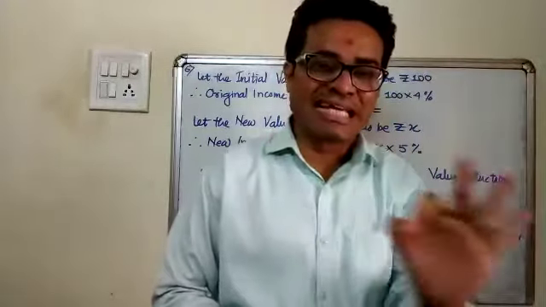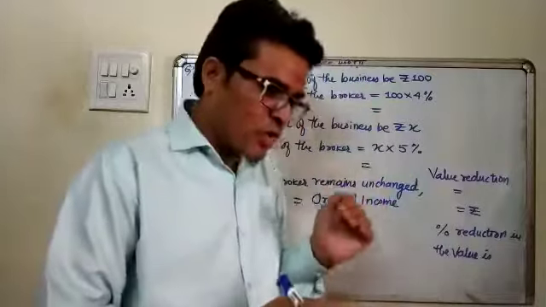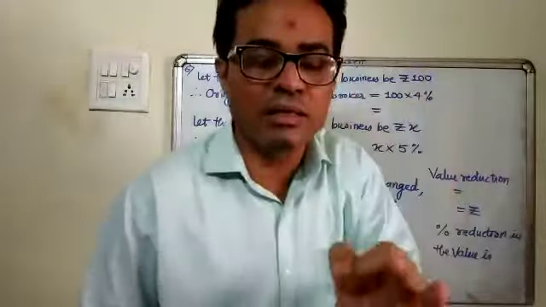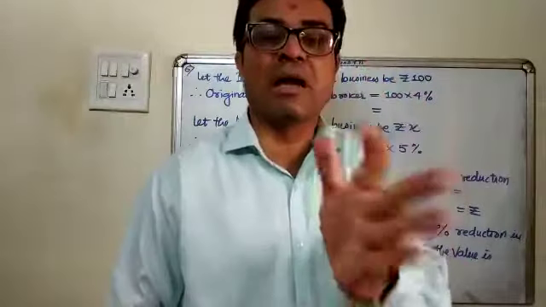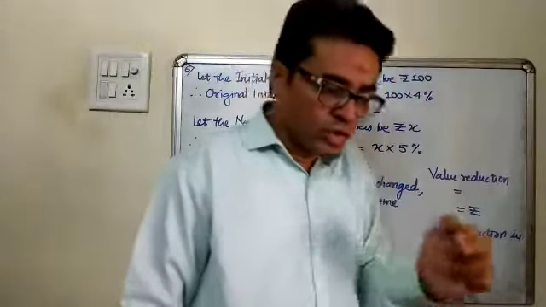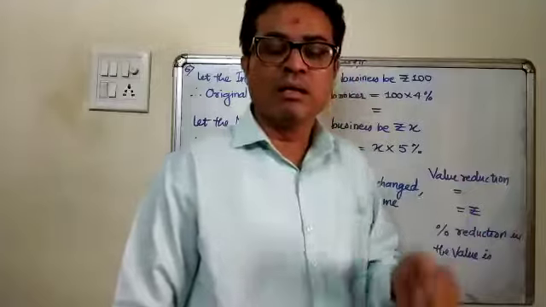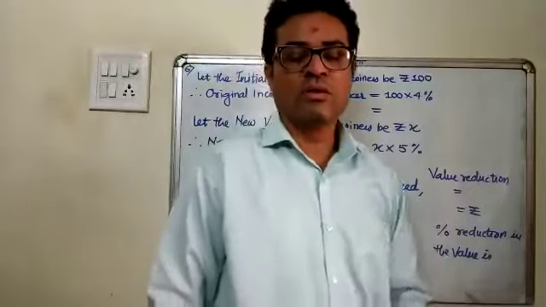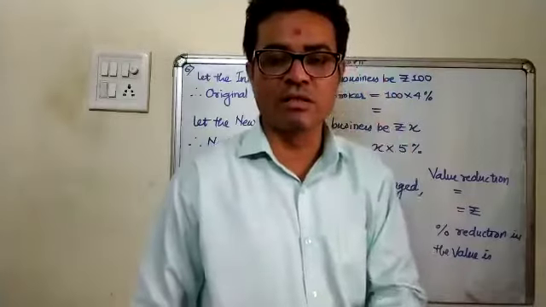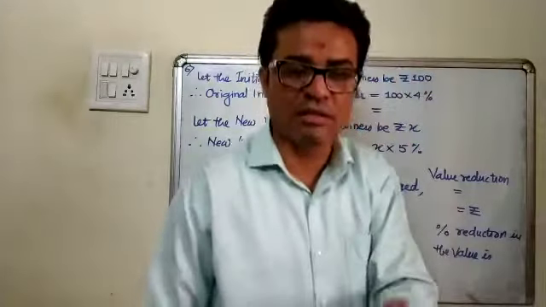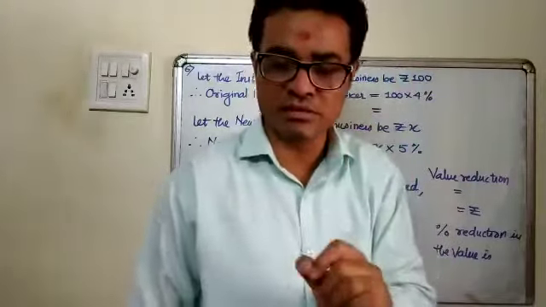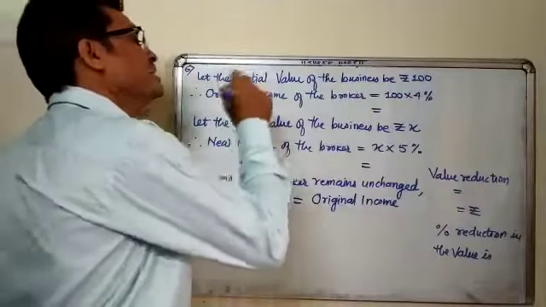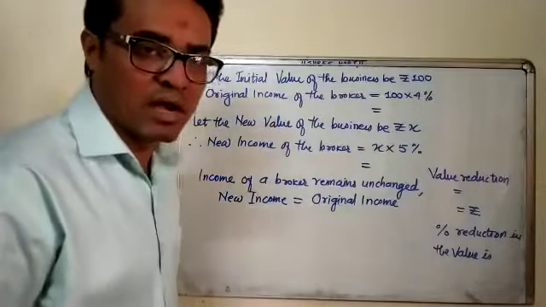So it is very clear कि रेट ऑफ कमीशन इंक्रीज होने के बाद भी अगर इनकम अनचेंज यानी कि सेम रहा, मीन्स जो न्यू बिजनेस हुआ होगा, दैट मीन्स के सेल्स क्या हुआ होगा? रिड्यूस. सो अवर रिक्वायर्ड क्वेश्चन, हाउ मच रिडक्शन इन द वैल्यू ऑफ द बिजनेस? सो इन द क्वेश्चन लेट द इनिशियल बिगिनिंग में बिजनेस कितने का हुआ था?